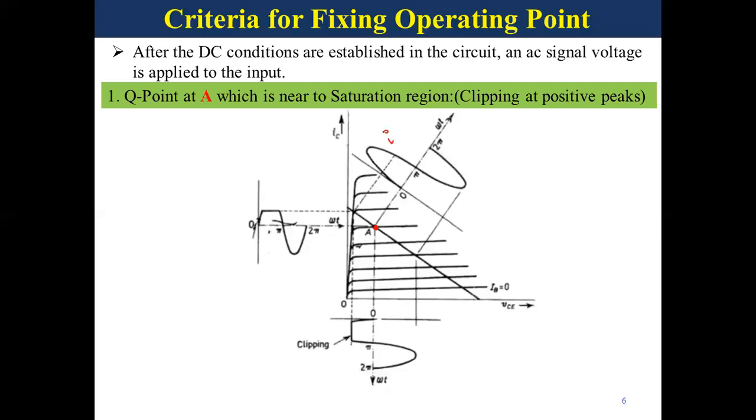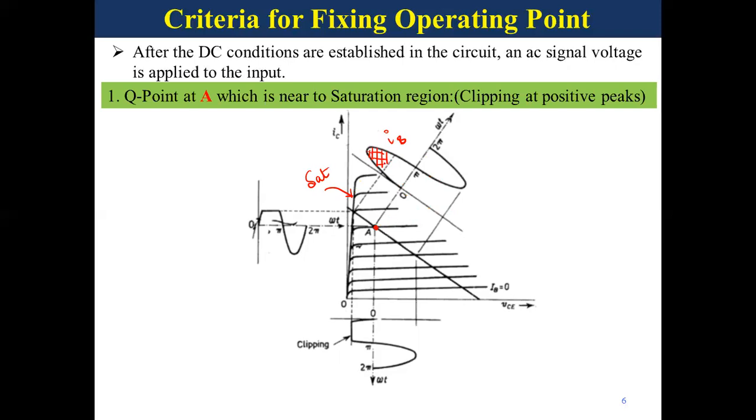This is the input signal IB, which varies sinusoidally. For this input signal, at the positive peaks, for this period, the transistor is operated in the saturation region, which is nearer to the saturation region. So for this shaded area, the transistor is operated in the saturation region.